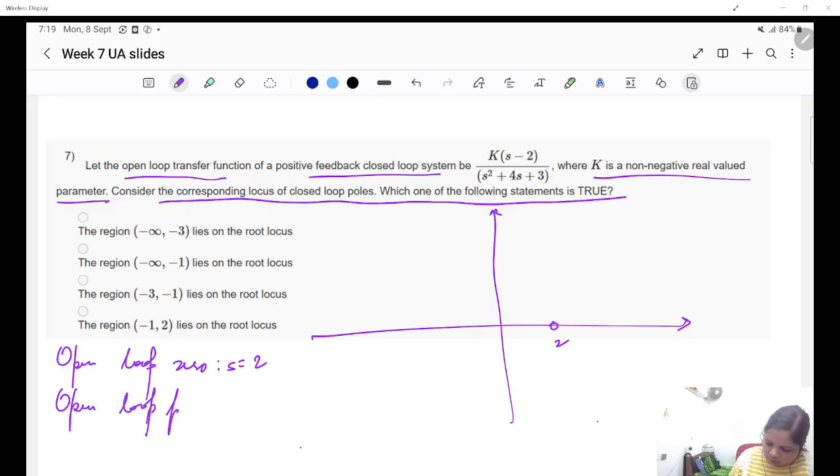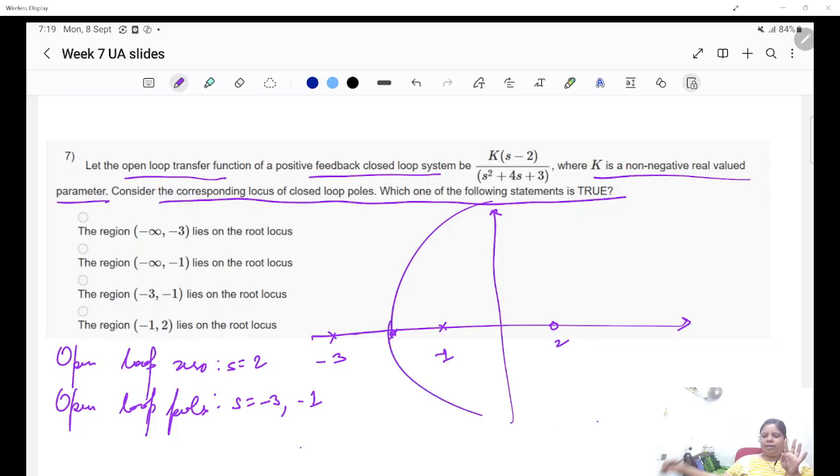Open loop pole is at s is equal to, it would be -3 and -1, right? So we have two poles at -1 and -3. From here, it is very evident that if two poles are coming together, definitely there is going to be some breakaway point. Some branch is going to emerge from both of these poles, and then they are going to have a breakaway point, and they are going to move in two different directions.